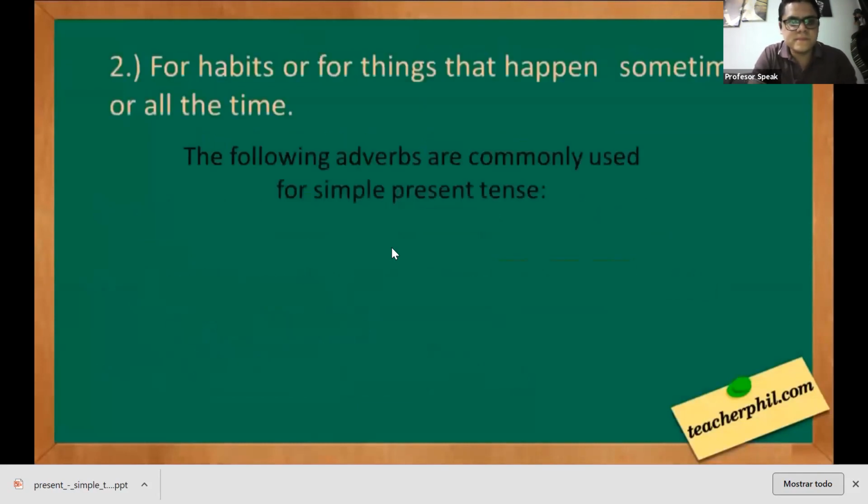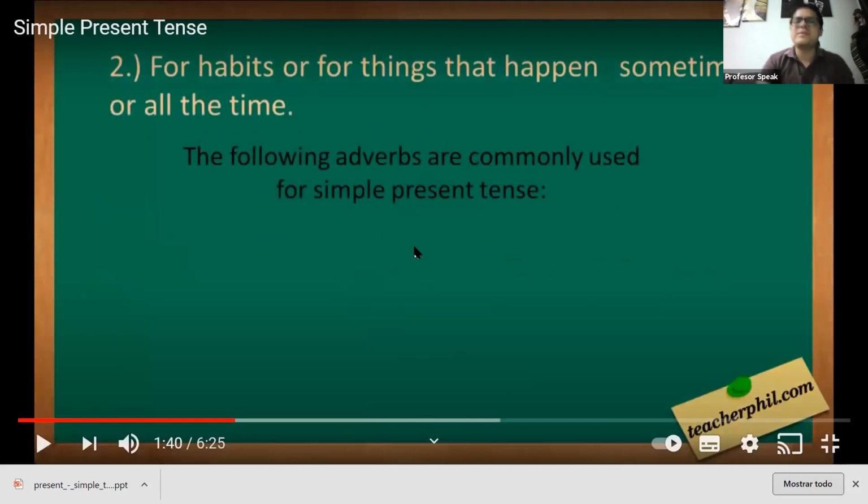Number 2, for habits or for things that happen sometimes or all the time. So it means for repeated actions. Okay, Ruth Escobar, please read the second function. For habits or for things that happen sometimes or all the time.